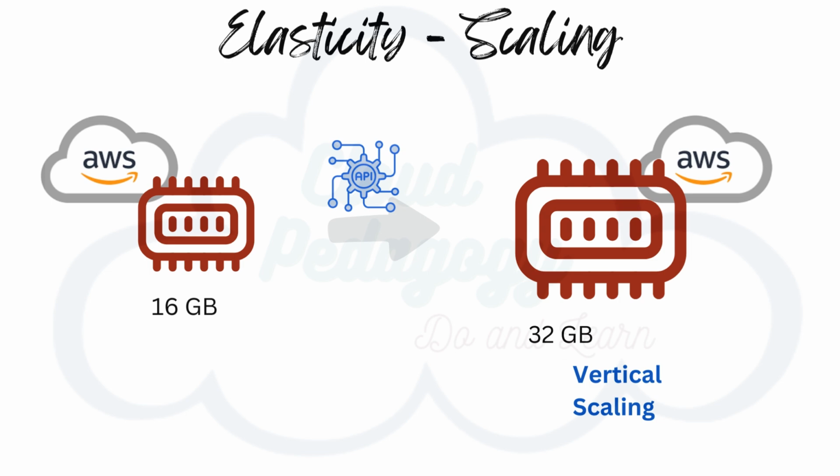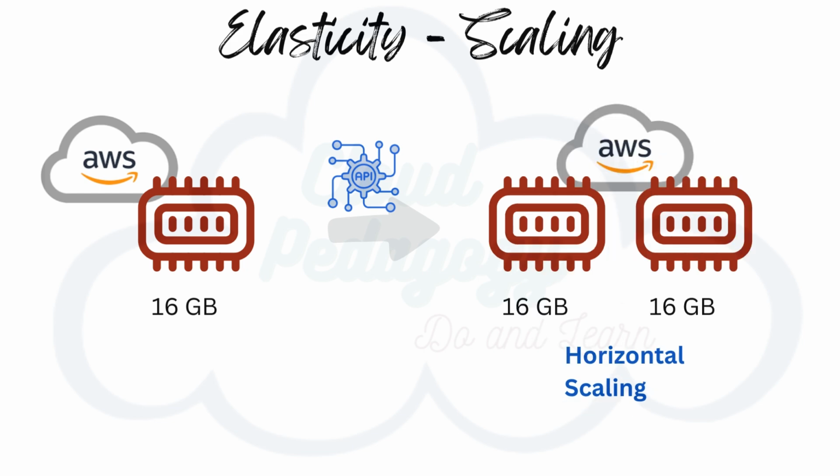So, a server with 16 gigabytes of memory can be transformed into a server with 32 gigabytes of memory. You can also scale out horizontally by just adding another server. Horizontal scaling consists of having more resources of the same type to meet the requirements. In this case, having two nodes with 16 gigabytes each would totalize 32 gigabytes of memory.